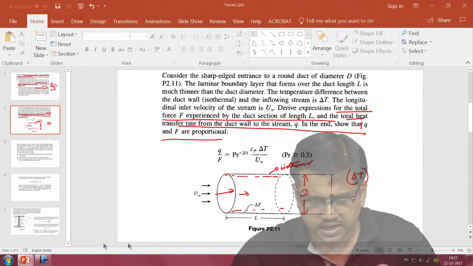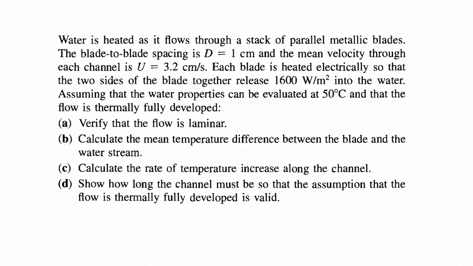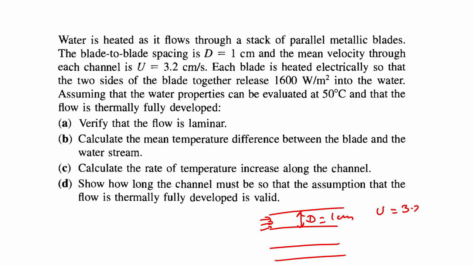So, let us look at the next problem, which is that water is heated as it flows through a stack of parallel metallic blades. Blade to blade spacing is d, about 1 centimeter, and the mean velocity through these channels is u, equal to 3.2 centimeter per second.